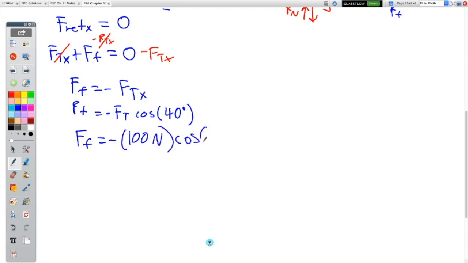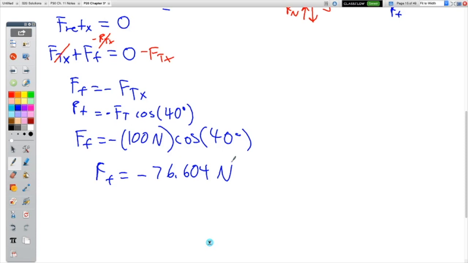Giving us that the force of friction is, okay, we're expecting a negative, right, because force of friction is to the left, so I got negative 76.604 newtons. That's good, I wanted a negative, right? The math will have your back, but you also don't ever want to be a robot, right? Think about what your answer means.